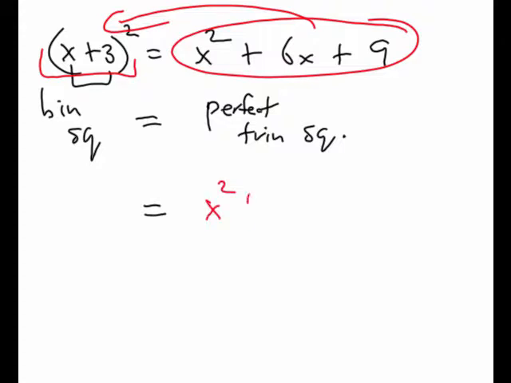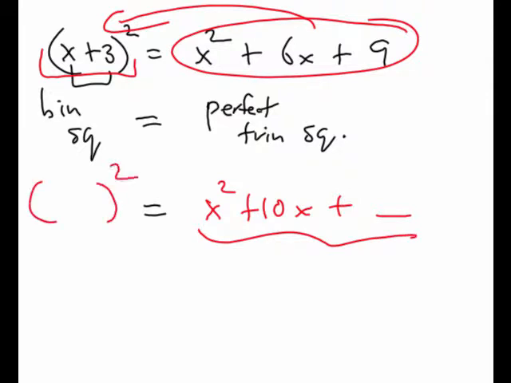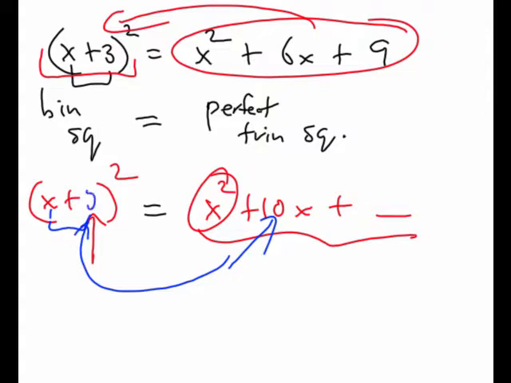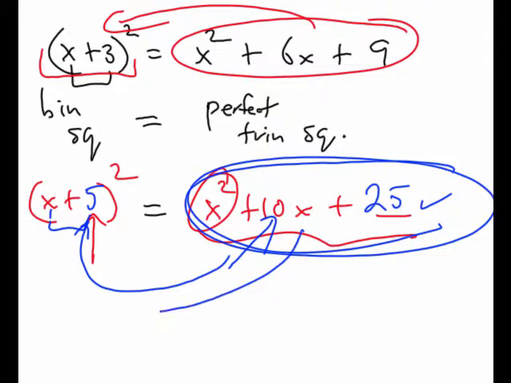If I had x squared plus 10x, the number I would need here, in order for all three of these terms to factor perfectly into a perfect square, x plus something, we know that these two terms doubled have to give 10. So therefore we know this would have to have been 5, and therefore this would have been 25. Alright, so just a little bit of a refresher on the kind of numbers these have to be to factor perfectly as a binomial squared.